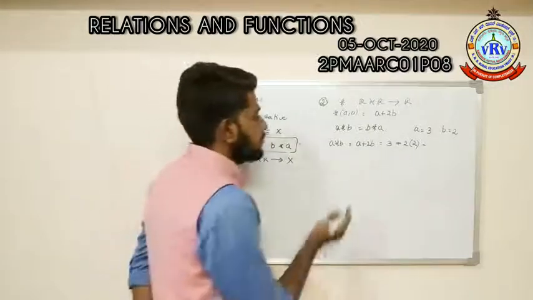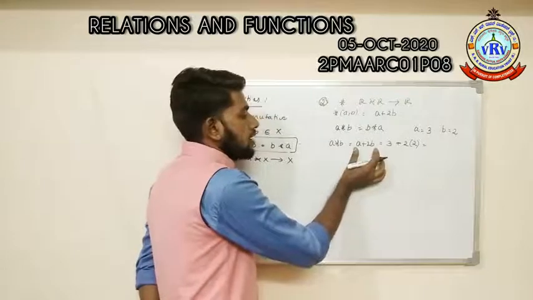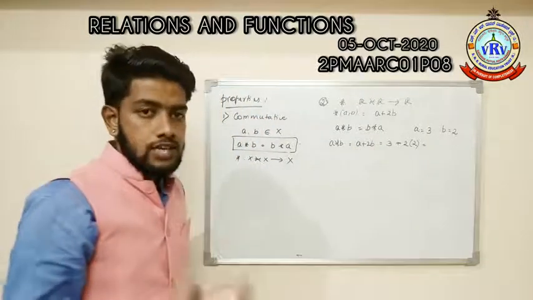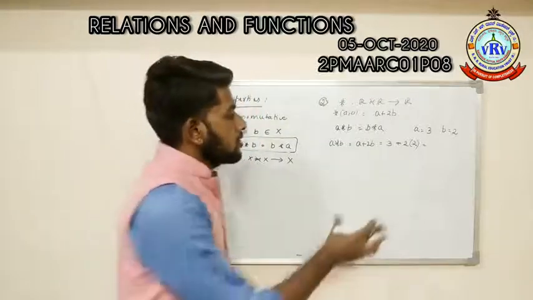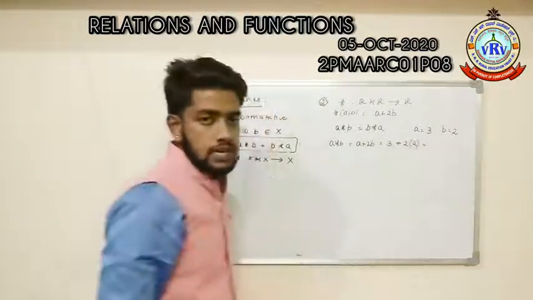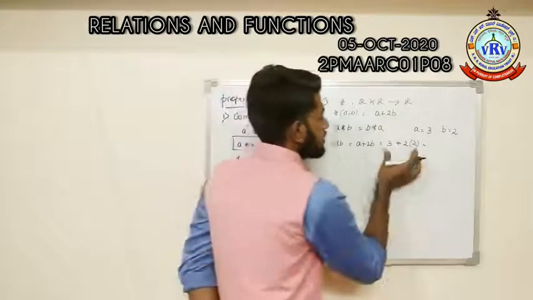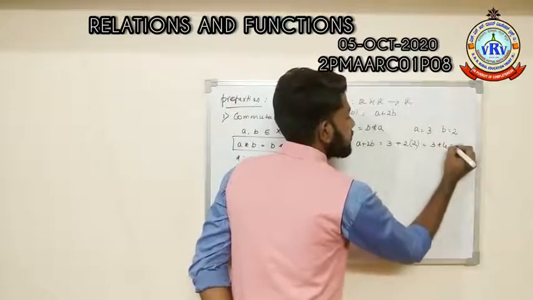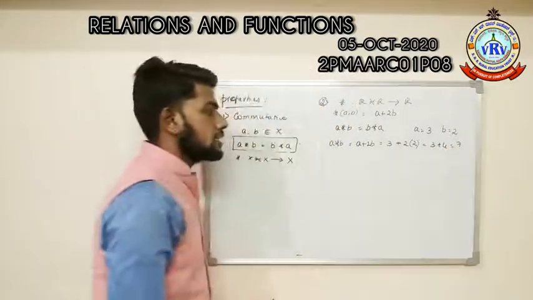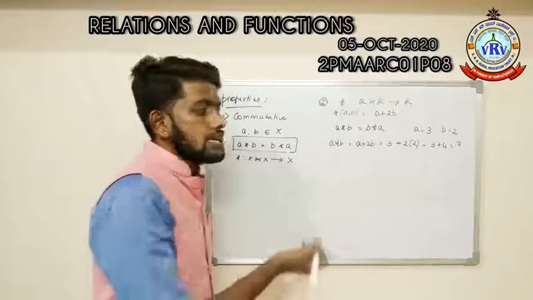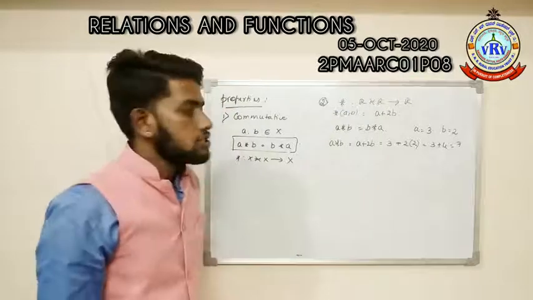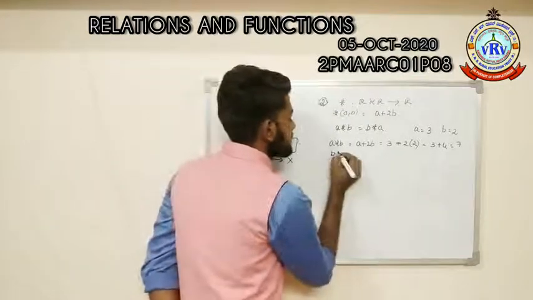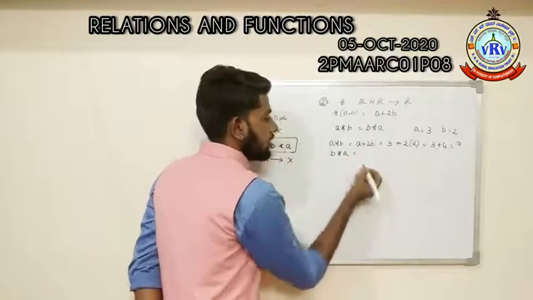If you consider the alphabet only, then also you can verify. But to clear the picture, I am taking A as 3 and B as 2. So it is 3 plus 4, 7. A star B is equal to 7 when A is 3, B is 2 under the binary operation star. And I am calculating B star A.